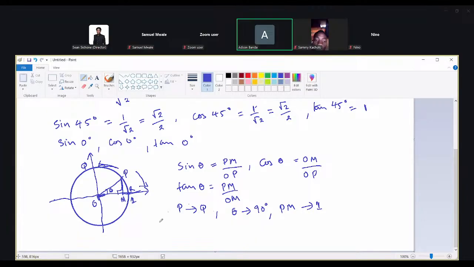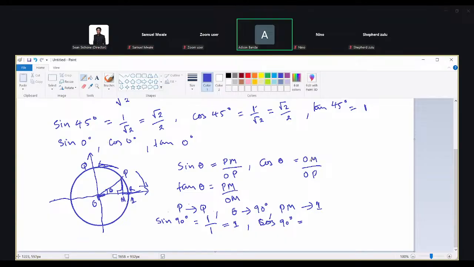So in this case, we have that sine 90 degrees is the opposite over the hypotenuse, and you can see that PM becomes 1 and the OP becomes 1. So this gives us that ratio. The second ratio is the cosine of 90 degrees. For the cosine of 90 degrees, you look at OM.